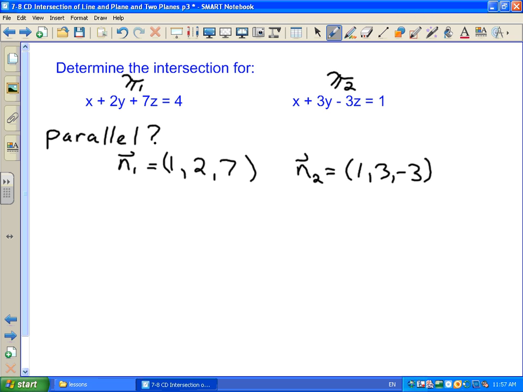Okay. Are these two normal vectors scalar multiples? No, they cannot be, because our x components are both 1, our y components are different. So let's just write out n1 is not a scalar multiple of normal 2. Therefore, plane 1 and plane 2 are not parallel.